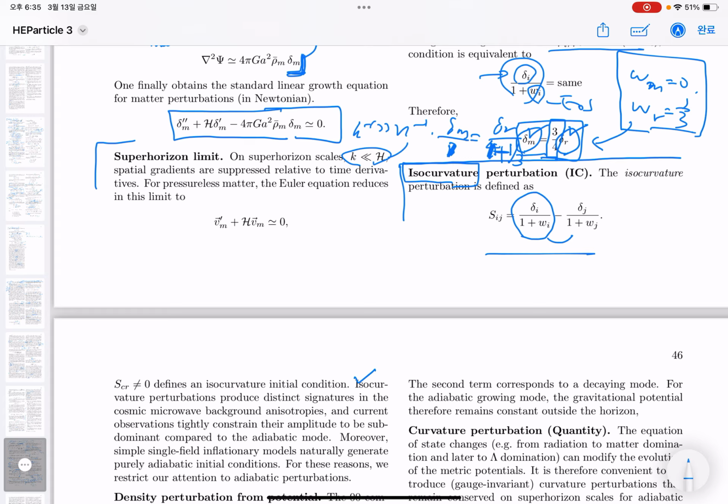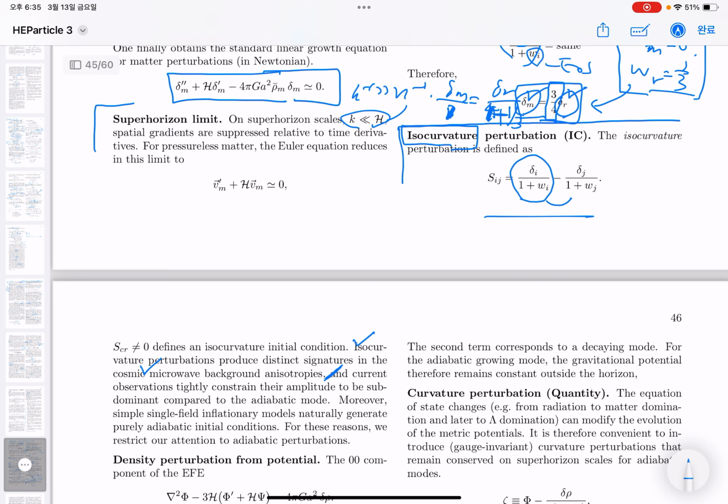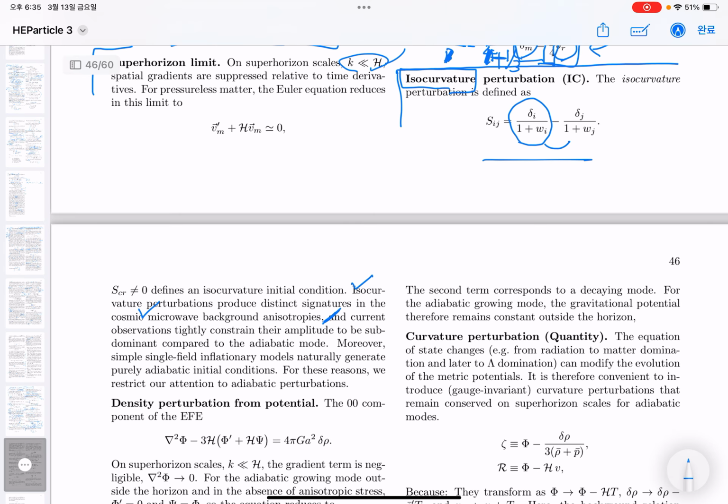If the universe follows this isocurvature perturbation, then this influences some specific signatures in the CMB anisotropy, and the current observations constrain this isocurvature perturbation strongly. And in addition, several inflation models generate adiabatic initial conditions, so we'll focus on the adiabatic perturbation rather than the isocurvature perturbation.